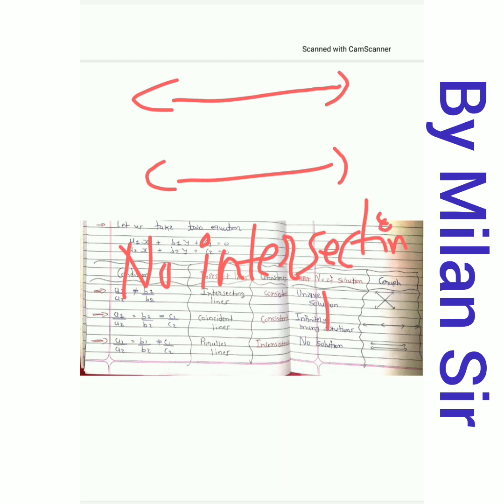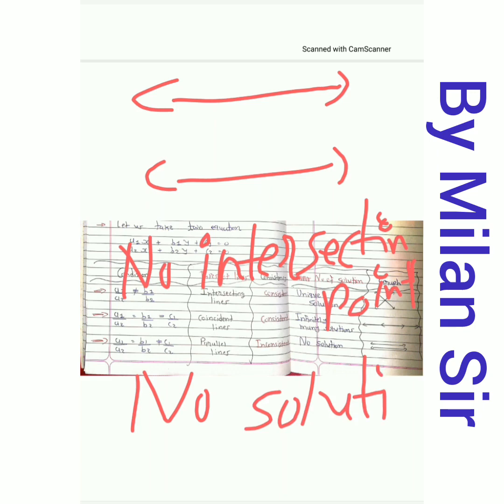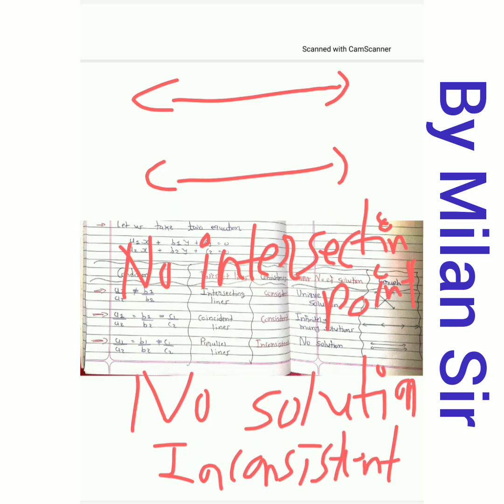Here we cannot get any solution, because solution means intersection point. So no solution. We cannot get even one solution, that's why it is inconsistent, because we cannot find any solution in these two equations.